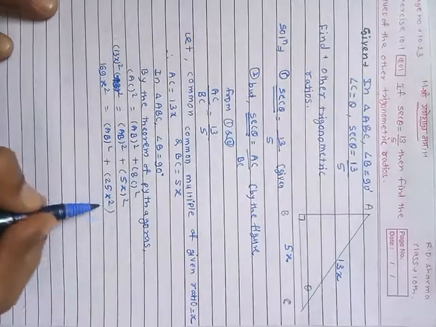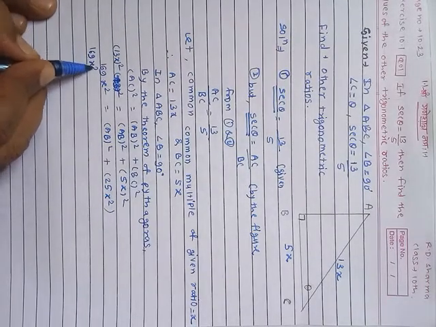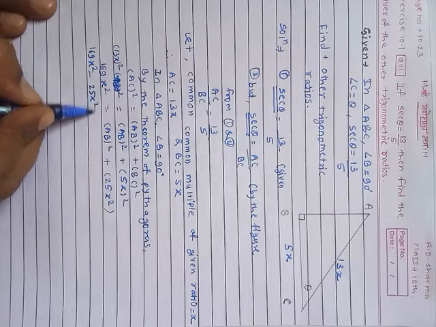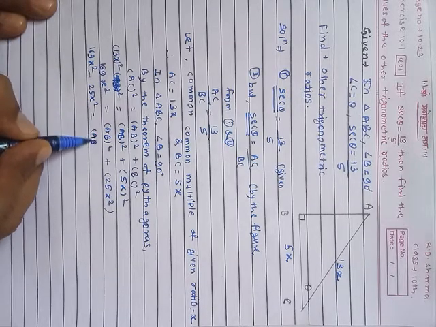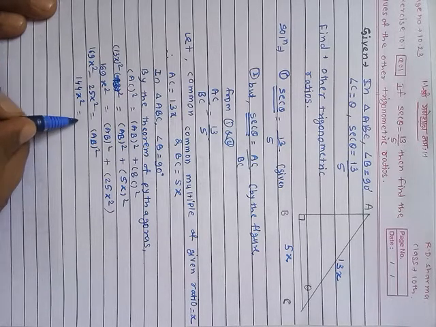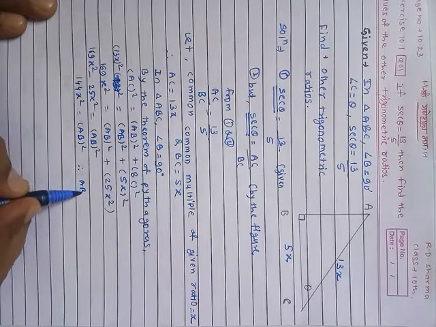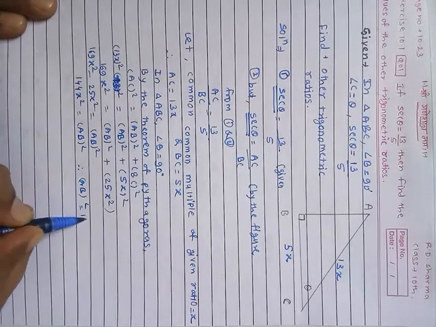Transposing 25x square, 169x square minus 25x square equals AB square. Then 144x square equals AB square.